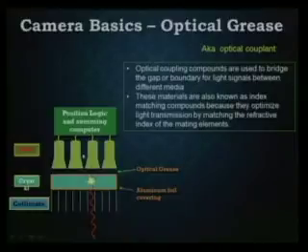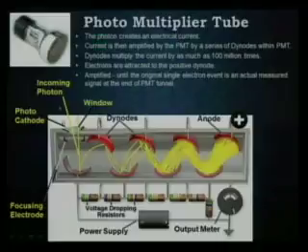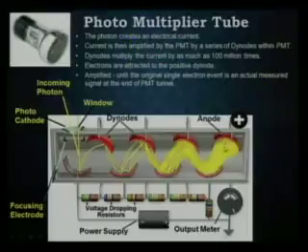Once that happens, it gets into the photomultiplier tube. Inside the photomultiplier tube, the photon comes in and gets converted into an electrical pulse. The electrical pulse is then amplified through diodes to the point that it actually creates a charge that the computer can pick up.